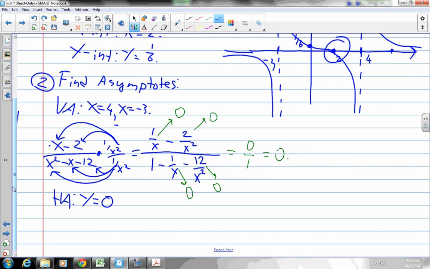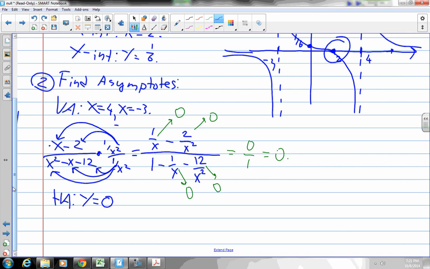As x gets bigger and bigger, it's 1,000 divided by a million. It's 1,000,000 divided by 1,000,000,000,000. Those are small numbers, right? So every time the degree of your denominator is bigger than the degree of the numerator, the horizontal asymptote will be 0, because this is small divided by large.